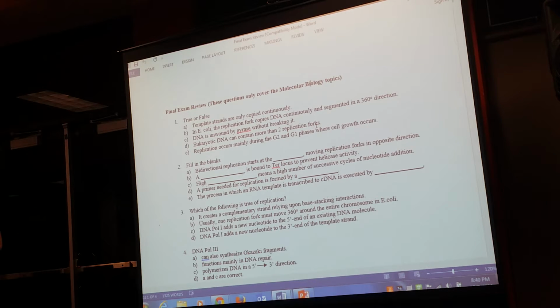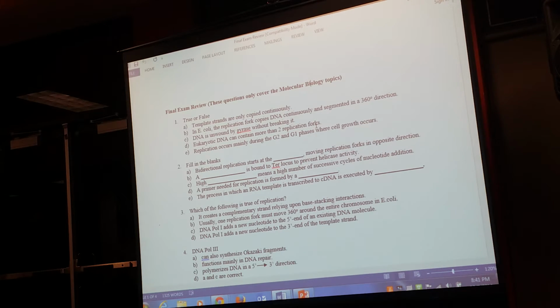Why does DNA polymerase 3 need a primer? Because DNA polymerase 3 can only add nucleotides to a 3' end of something. That's what the primer provides, a 3' end for the DNA polymerase to add nucleotides to. So we'll move on to the next one. DNA polymerase 3 can also synthesize Okazaki fragments.